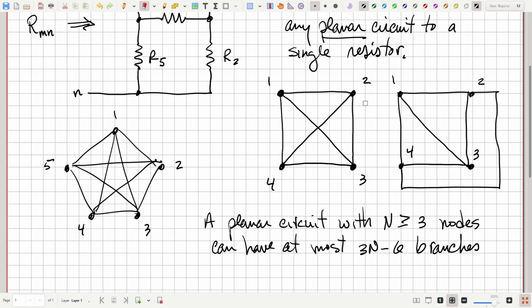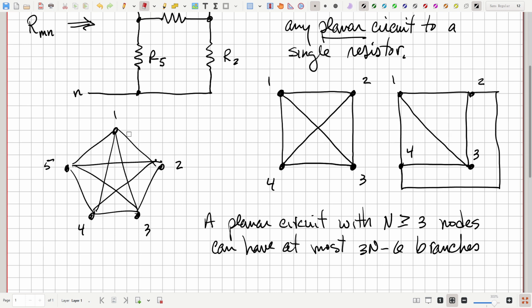Okay, let's see. So up here we've got 4 nodes. So 3 times 4 is 12, minus 6 is 6. So we got 1, 2, 3, 4, 5, 6 branches. So we expect that this would be a planar circuit. We should be able to redraw it, as we were able to, so that no branches cross over each other.